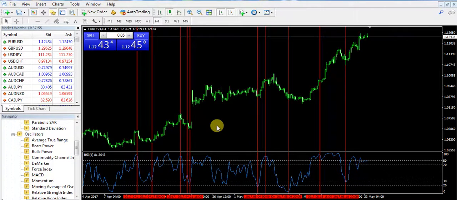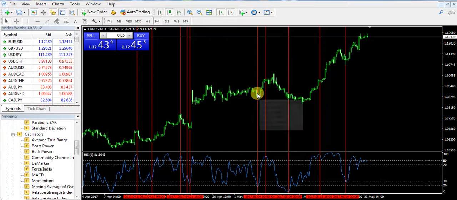It's again, just like with every other trend following indicator, it is an early warning. It is not a guarantee. It's just flashing you a red light saying, be on the lookout.